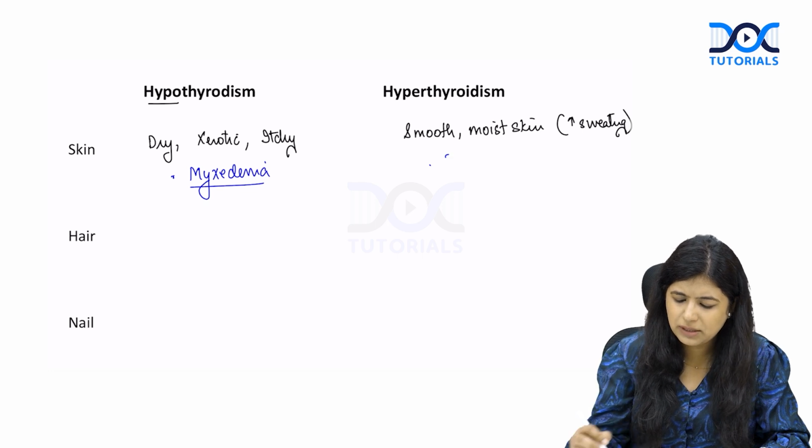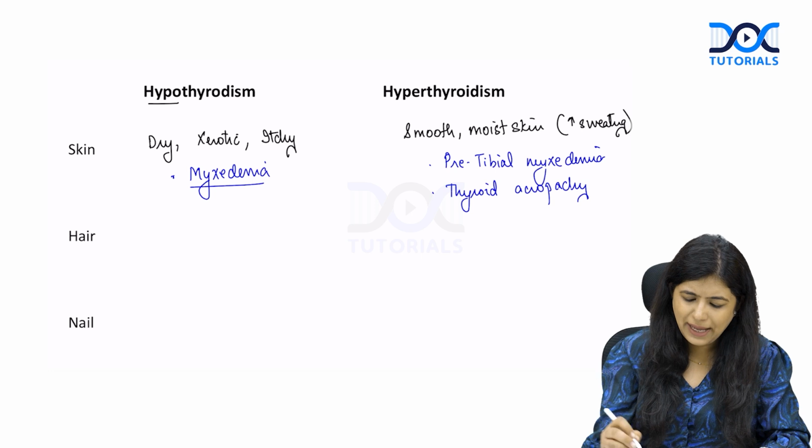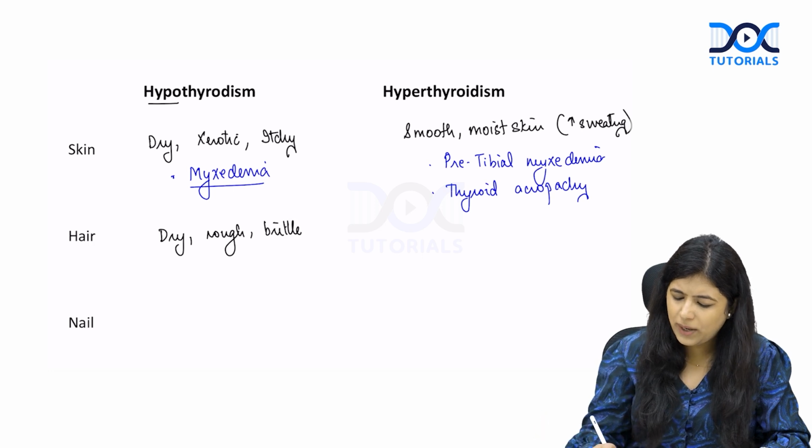The specific skin features that we see here is myxedema in hypothyroidism, while in hyper we have pretibial myxedema. So remember the difference between myxedema and pretibial myxedema. That is seen in hyper. Along with that, there may also be thyroid acropathy. Now, the hair in hypothyroid patients become dry, rough and brittle, while in hyperthyroidism these are fine hair.